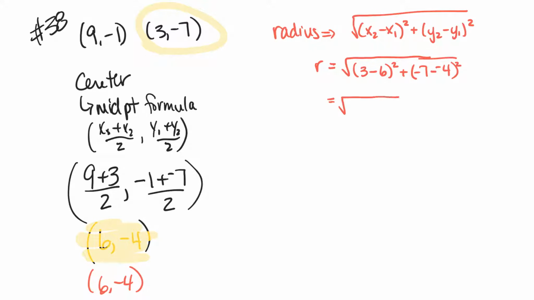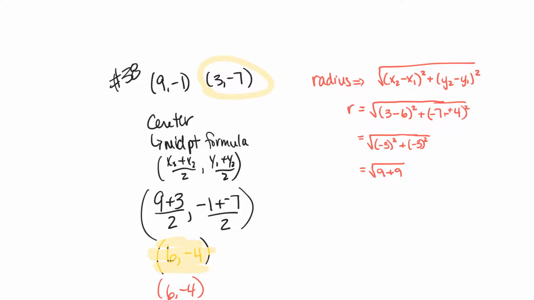So let's simplify. That gives me -3 squared plus -7 plus 4 gives me -3 squared again. So that's really 9 plus 9, or the square root of 18. That is the length of my radius.